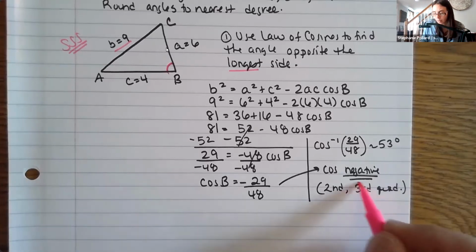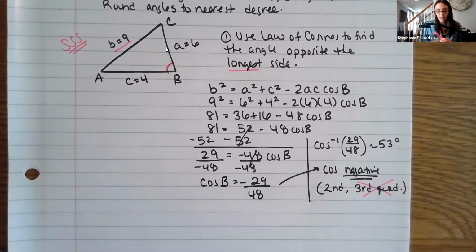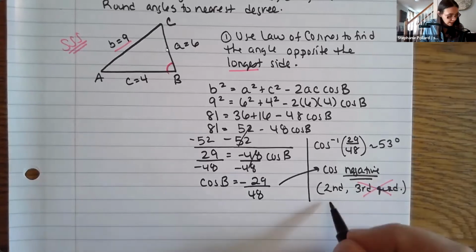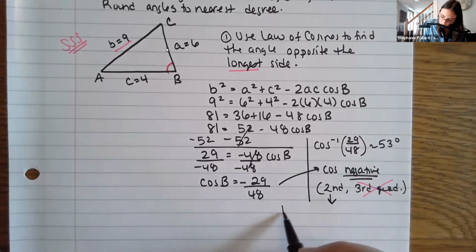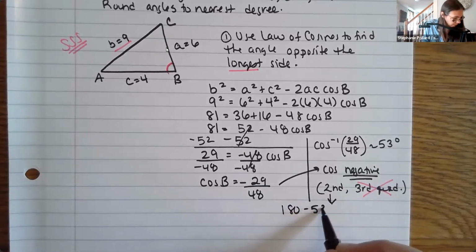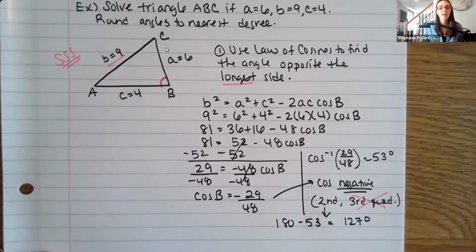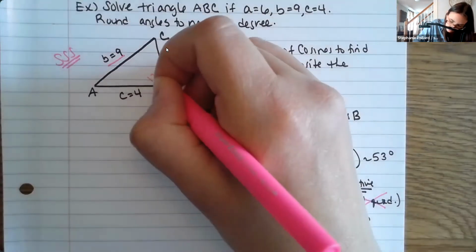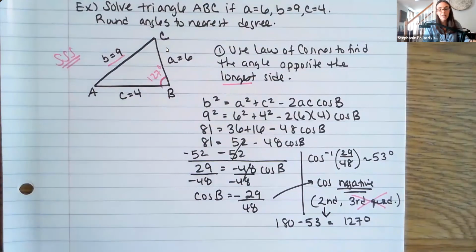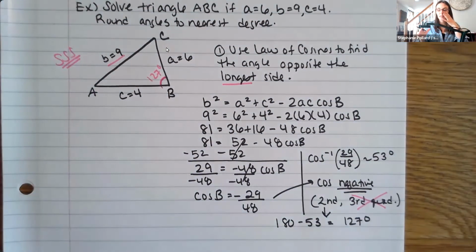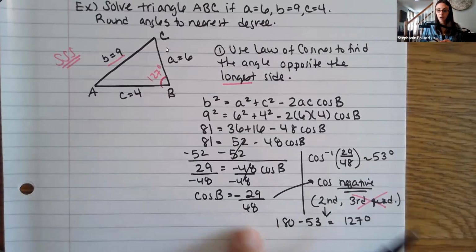So you don't have to worry about the third quadrant here, just the second quadrant. And I can find that by subtracting from 180. So my first angle is going to be 127 degrees. Again, just be careful with your sines and cosines. If it's negative, keep in mind that for cosine, you're going to be in the second quadrant instead.